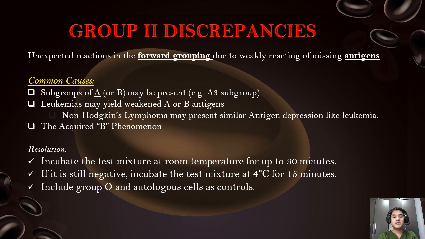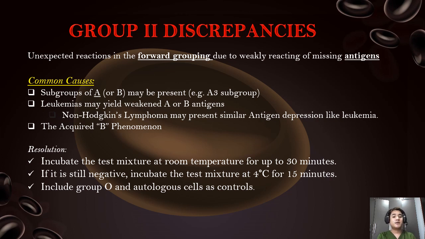So in comparison with your group 1 discrepancy, group 2 discrepancies occur in the forward grouping and interfere with the detection of your ABO red cell antigens. For the common causes of a group 2 discrepancy, we have presence of subgroups of A and B, leukemias like your chronic lymphocytic leukemia that yields hypogammaglobulinemia, the one we discussed earlier.